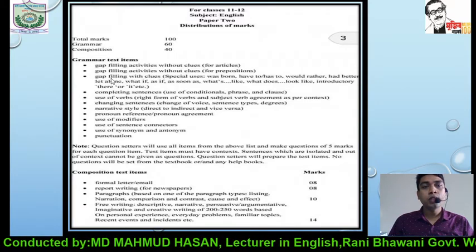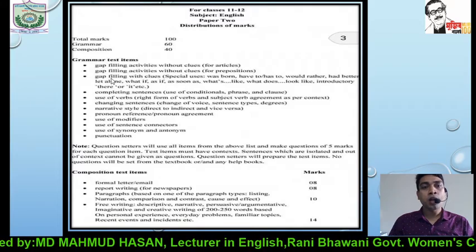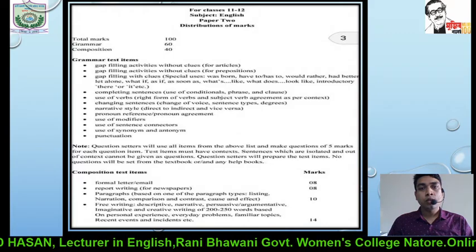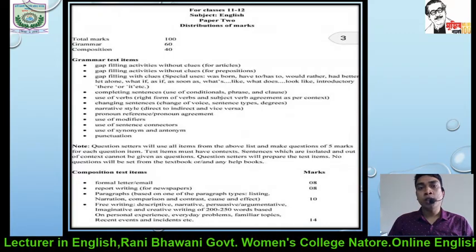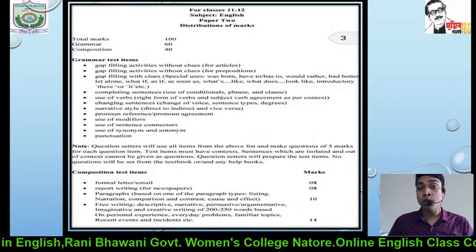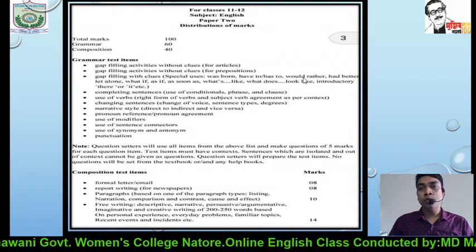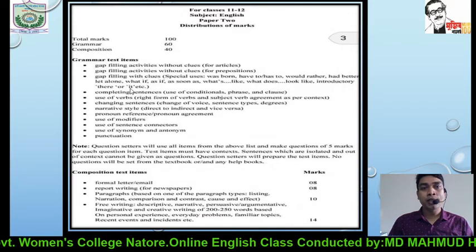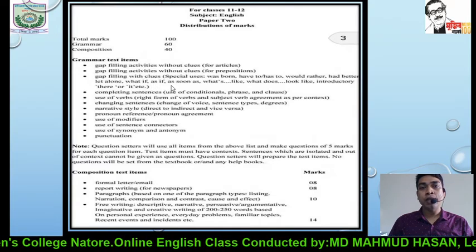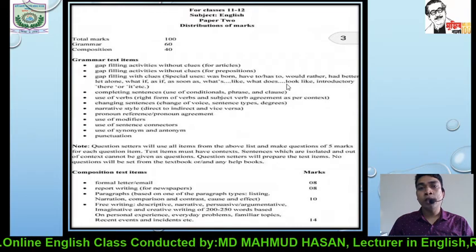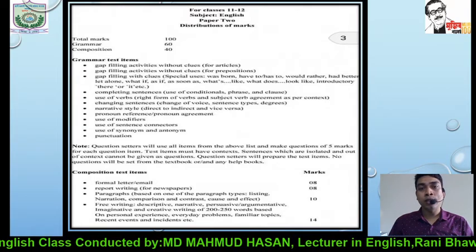Then the third question item regarding grammar, gap filling with clues with special uses of some special words, that is was born, have to, has to, would rather, had better, let alone, what if, as soon as, what's like, what does look like, introductory there or it.